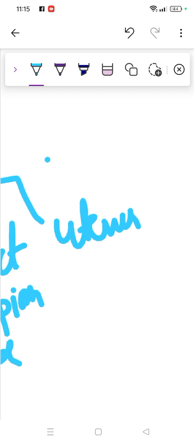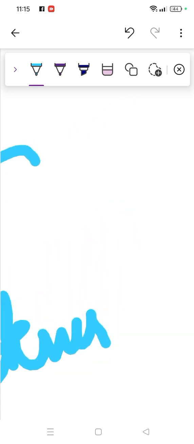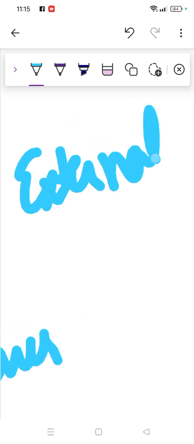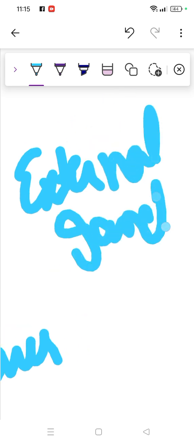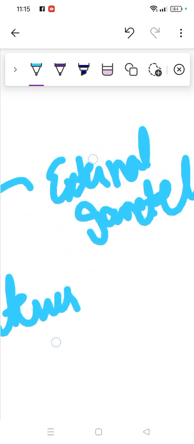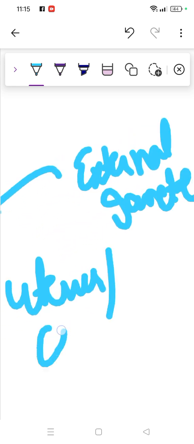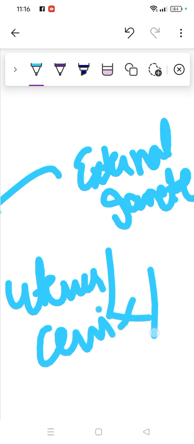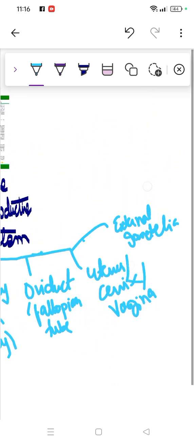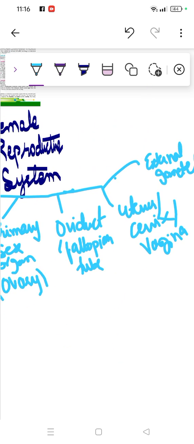And the fourth one would be called the external genitalia. You will also see the vagina, cervix, and all these parts, which we can write here as well, or vaginum. So yes, these are the 4 main parts which are quite important.